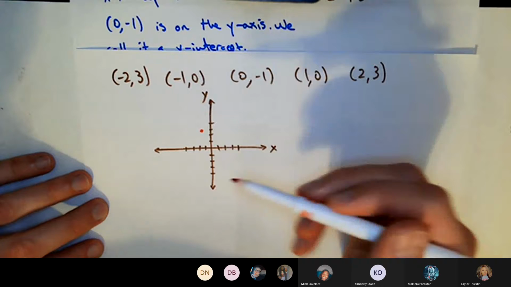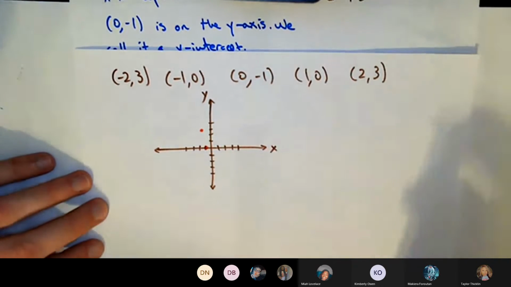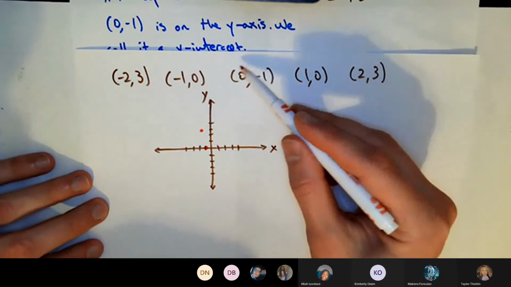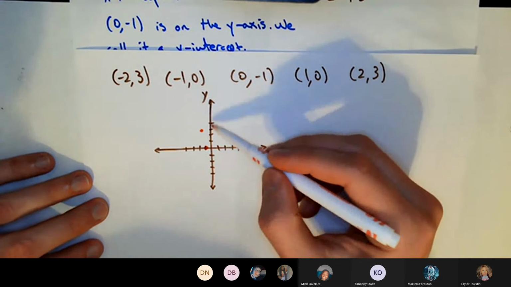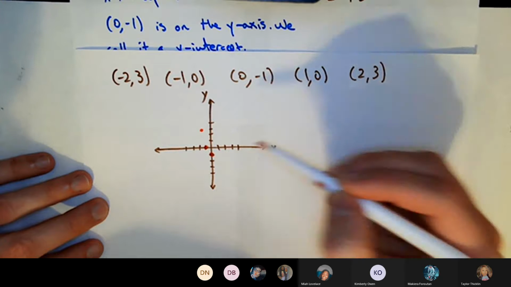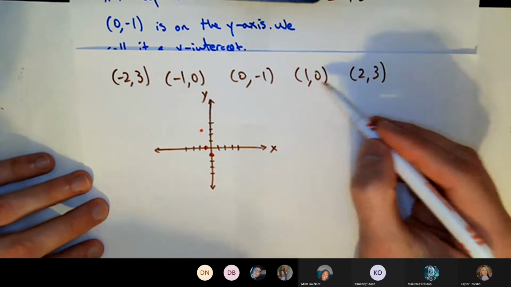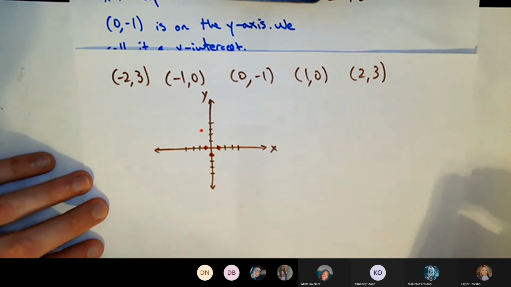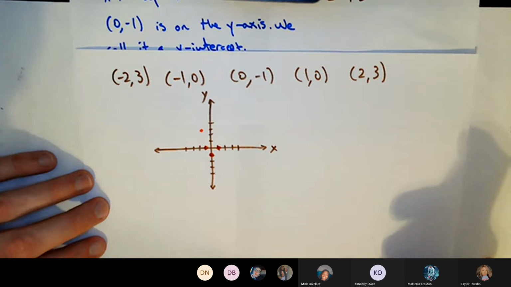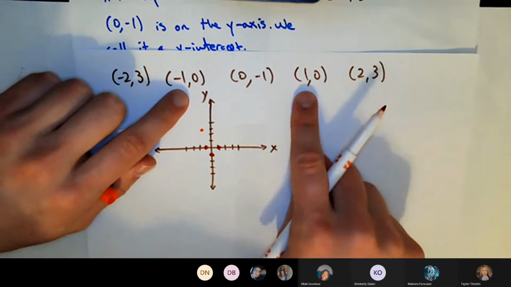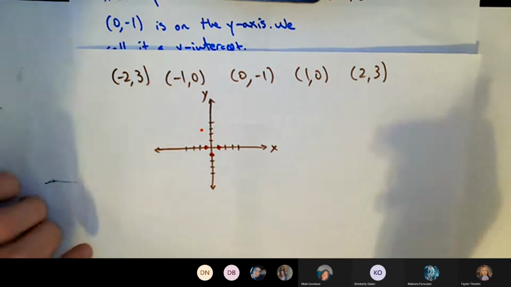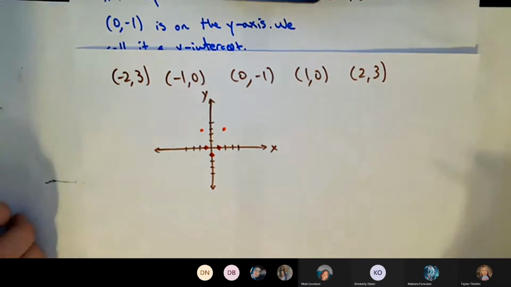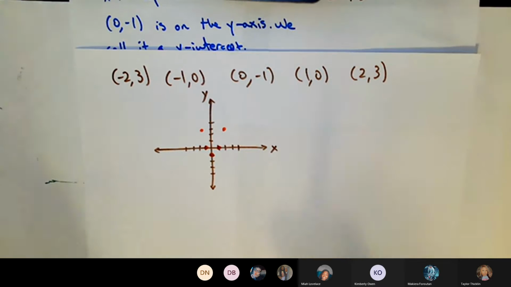That's an x-intercept, right there on the x-axis. (0, -1), that's a y-intercept because the x is 0. 0 for x, and down here at -1 for the y value. (1, 0) puts me there. That's the second x-intercept. So these are the two x-intercepts, and this one is the y-intercept. And then (2, 3) for that last point. Okay, so I am getting a shape out of this.